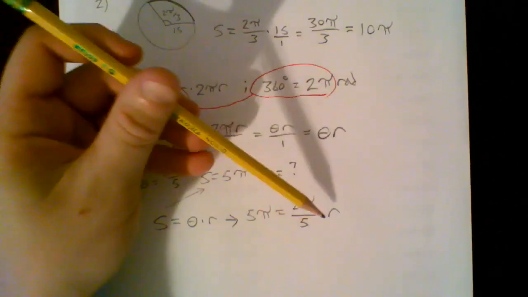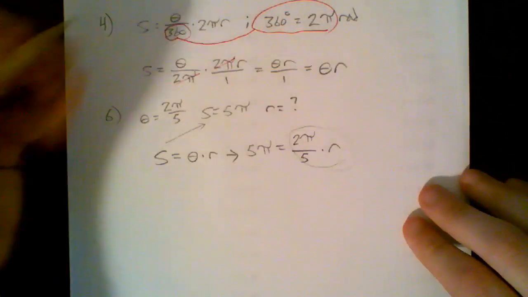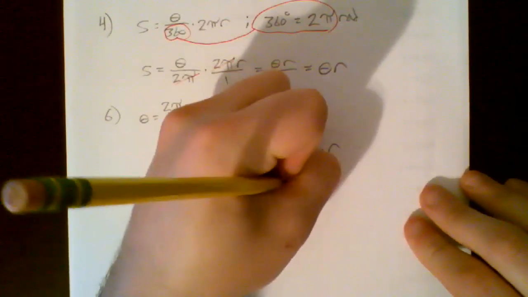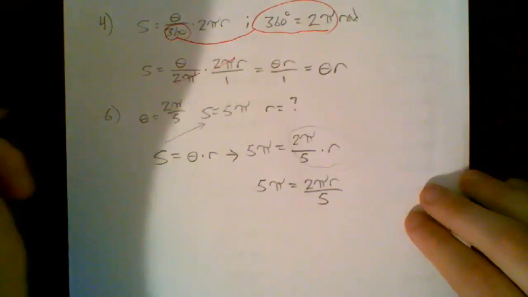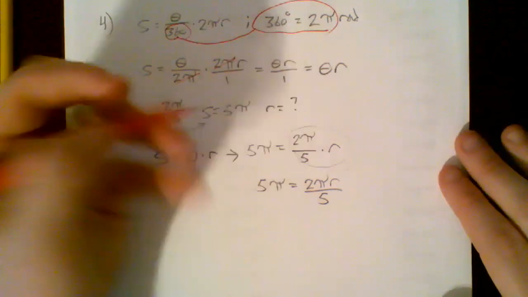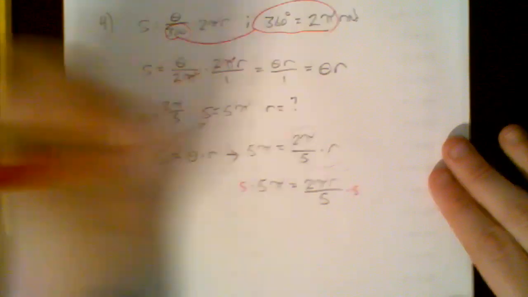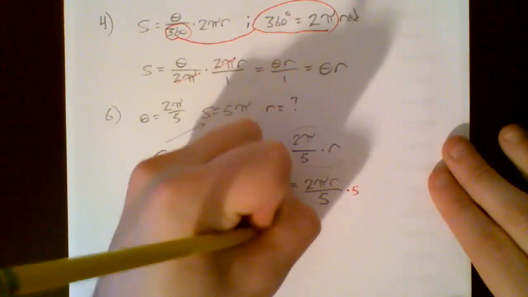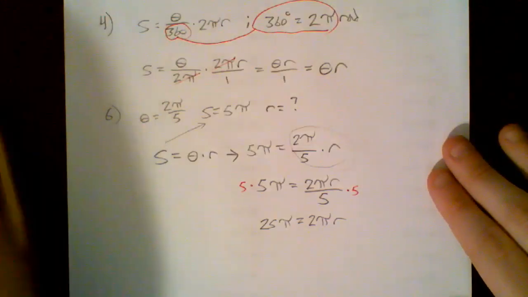All right, now I think this is a part that's kind of throwing you guys off. So what I'm going to do is rewrite this. We're going to call this 5 pi equals 2 pi r over 5. We're allowed to do that since it's just being multiplied together. So I'm going to multiply 5 on both sides. What we end up with is 25 pi equals 2 pi r.